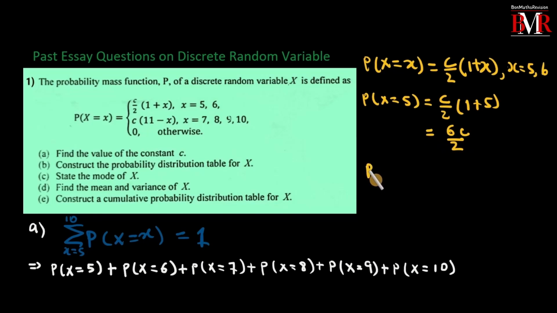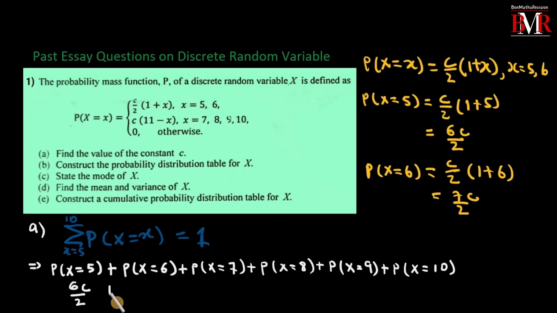Now for probability of x equals 6, I'll have C over 2 into 1 plus 6, which simplifies to 7C over 2. That's 1 plus 6 is 7, and 7 times C is 7C over 2. It means that here will be 6C all over 2 plus 7C over 2.